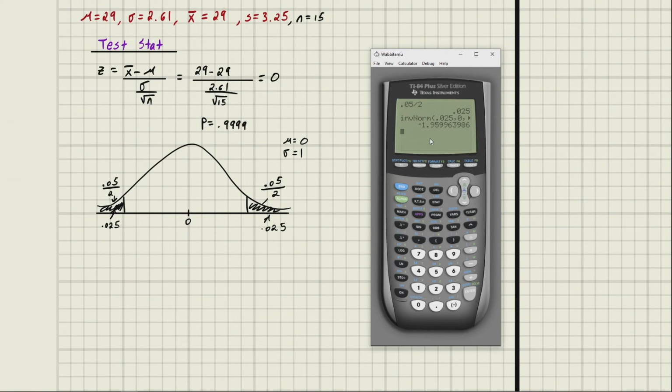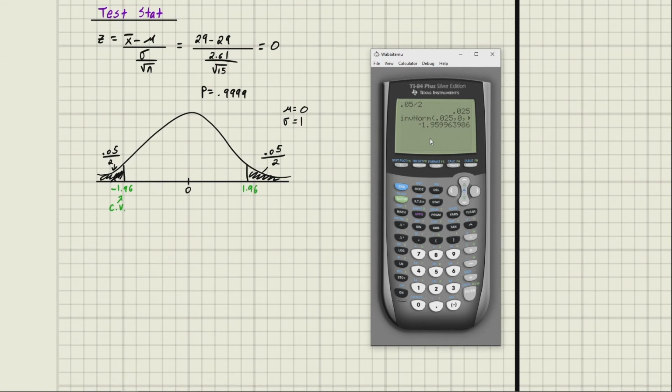Our critical value is negative 1.96. This is the critical value. That means on the positive side, we're also going to have 1.96. Great. So that's what we have there.